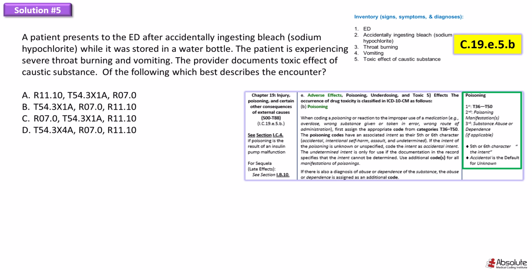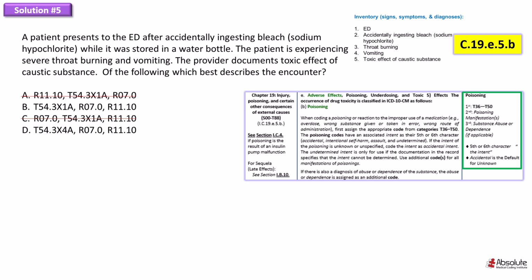And if you look at our answers, we can eliminate some things right away. We can eliminate anything that's not sequencing that T code first, right? So we're going to get rid of A and C. They are distractions. And now we can focus our attention on B and D.